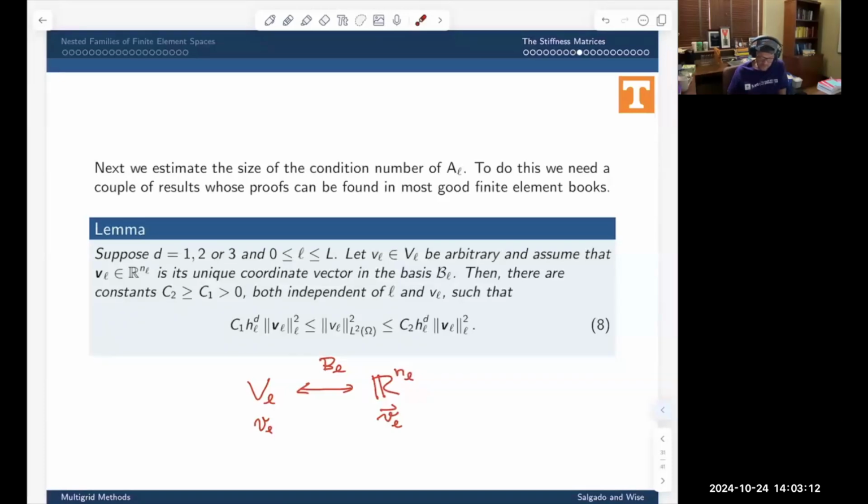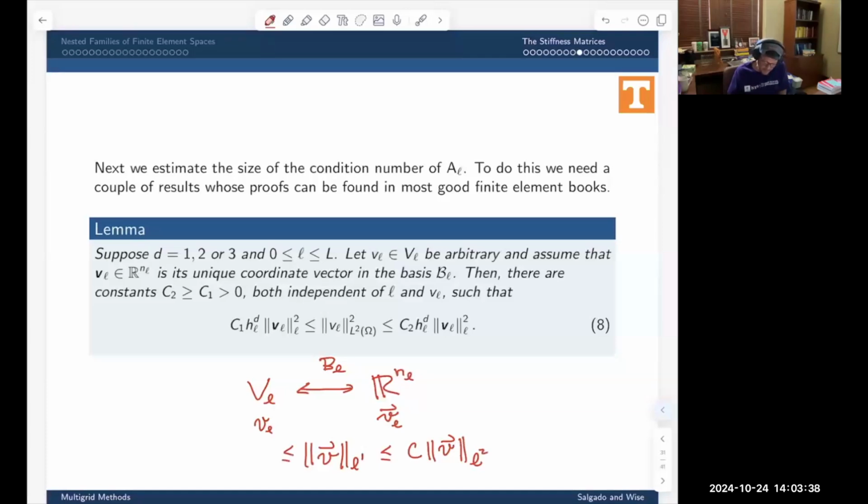In finite dimensions, any two norms that you can produce on a space are equivalent to each other, right? So we've seen this many times in numerical analysis. If we take the L1 norm, I'll call it the little L1 norm, this is equivalent to the Euclidean norm, little L2, right?